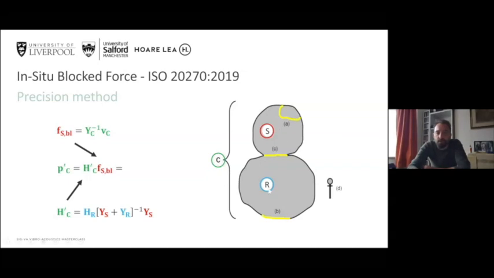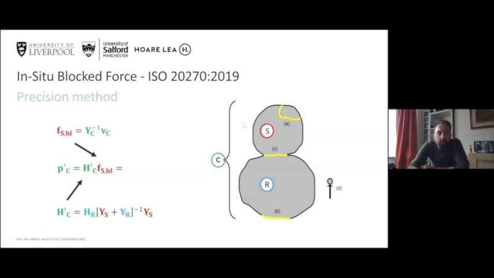The source and receiver couple through this interface through multiple degrees of freedom. Using the reception plate method, that interface C would be described as a single equivalent value. When using the block force method, we don't consider the coupling between the two as a single equivalent value. We look at it as multiple contacts in multiple degrees of freedom.